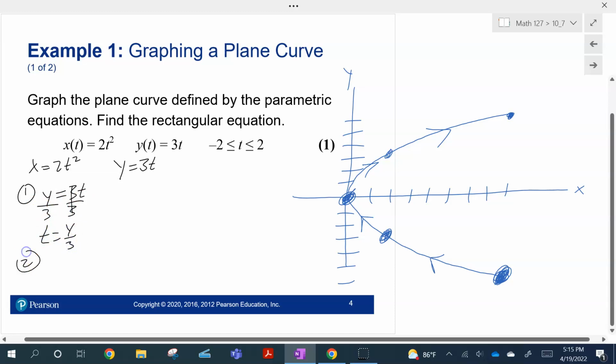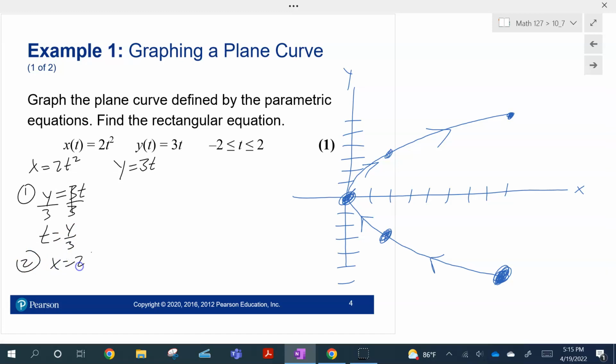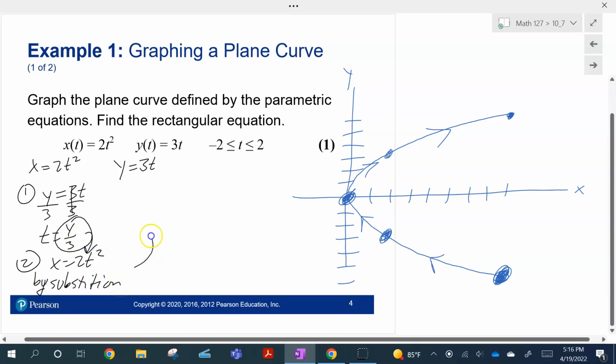And then by substitution, I have x equals 2t squared. I'm going to plug in what t is equal to.